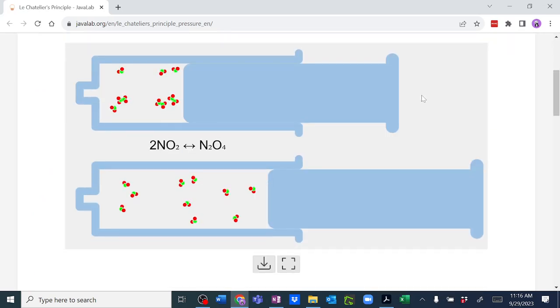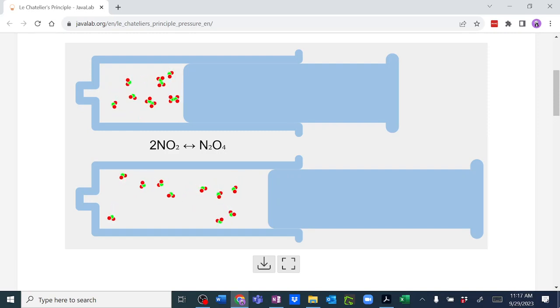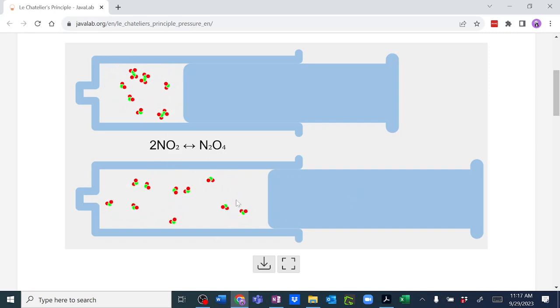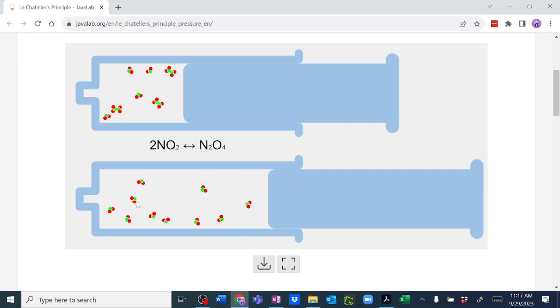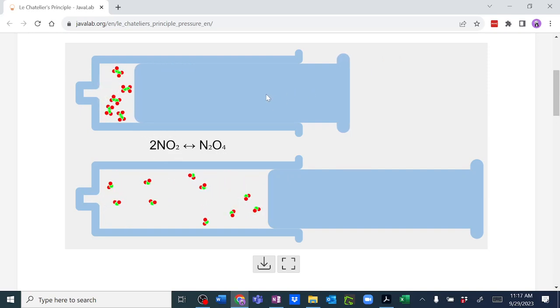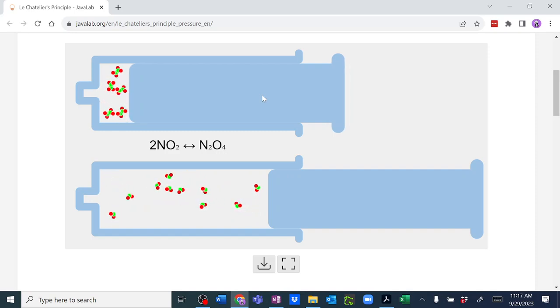Ooh, look at this. Now, can you see the one that we've got NO2, and these are little NO2s. They look like Mickey Mouse, yes? So in this one, we are all the way over at the reactants. If I squish this one, we're all the way over at the products.